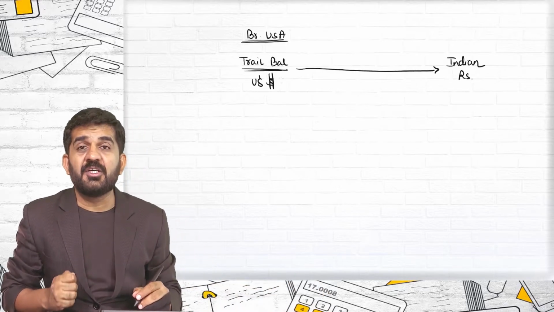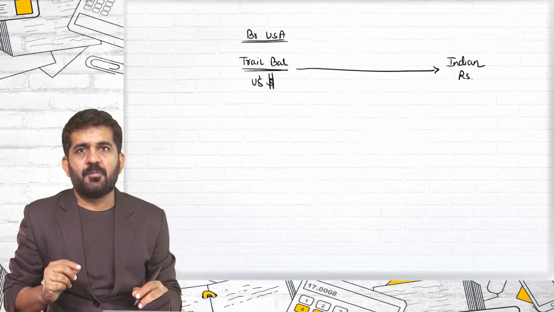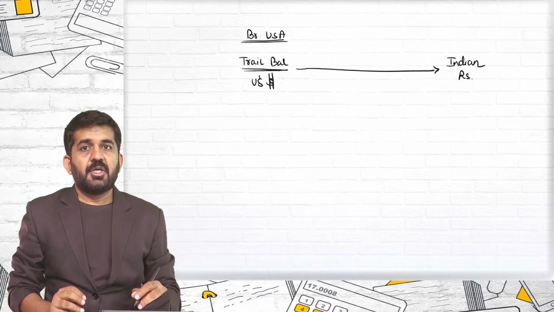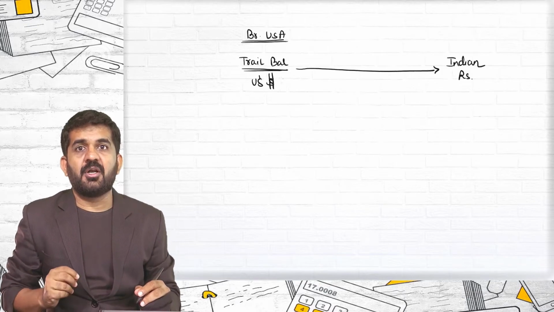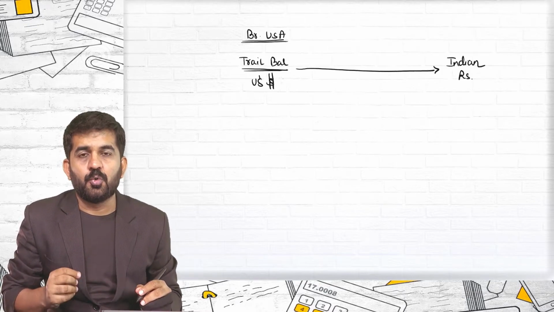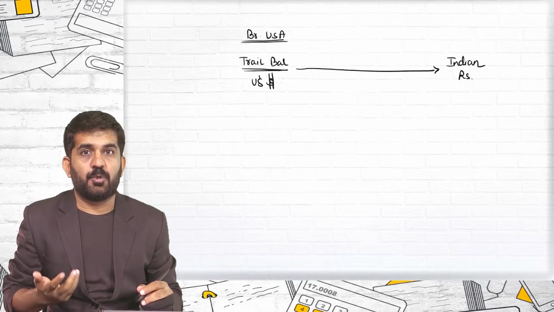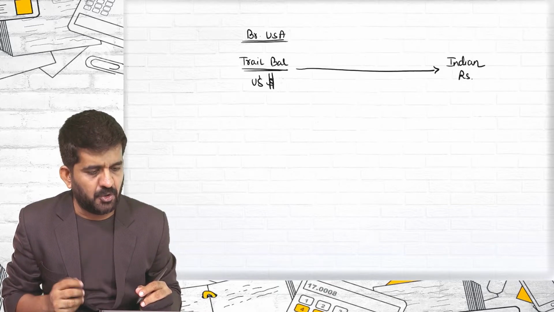The point is, which rate should be used to convert US dollars into Indian rupees? Opening rate, average rate, or closing rate? Which rate should be used?